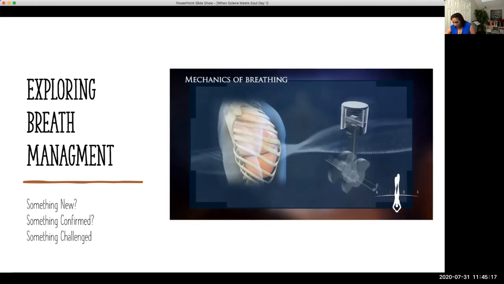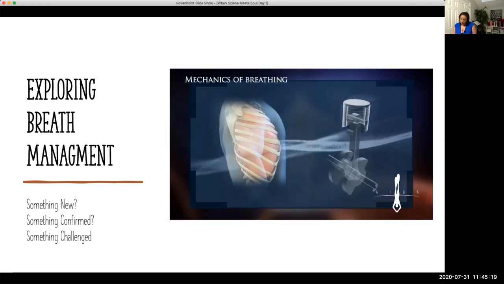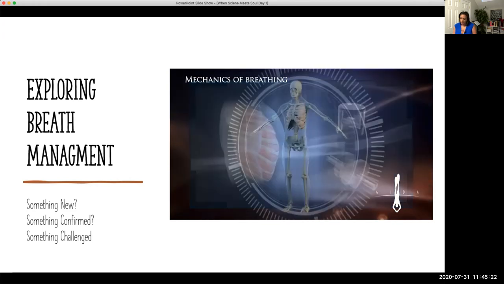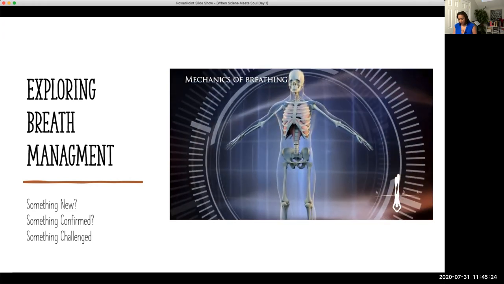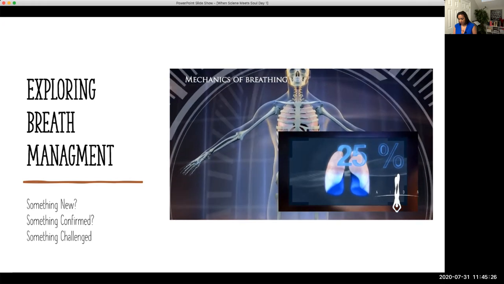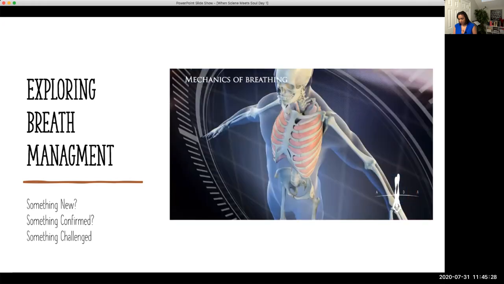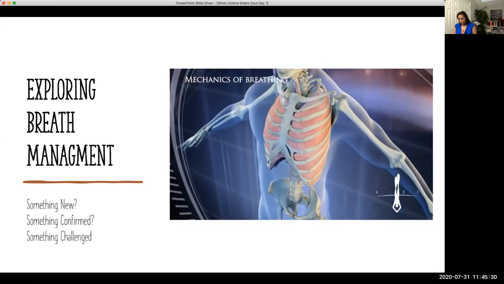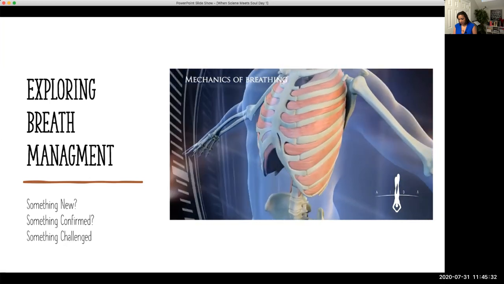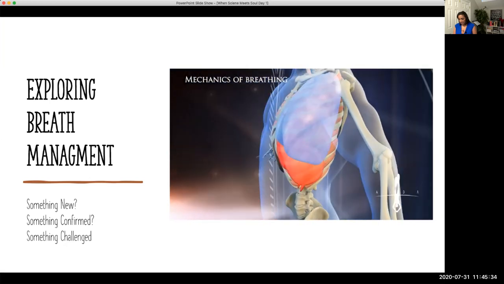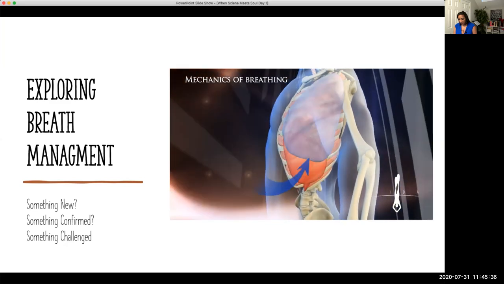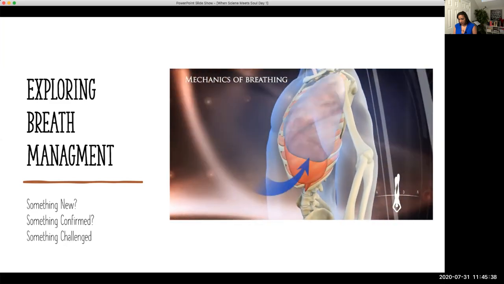This action is similar to a piston sucking petrol into a car engine. In normal breathing, we use around 25% of our lung capacity, which is called our tidal volume. As you inhale deeply, the diaphragm moves further down into the abdomen, pushing your belly out, giving more room for the lungs to expand and draw in more air.